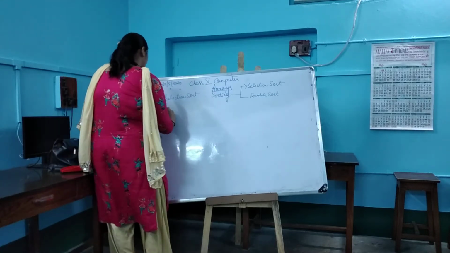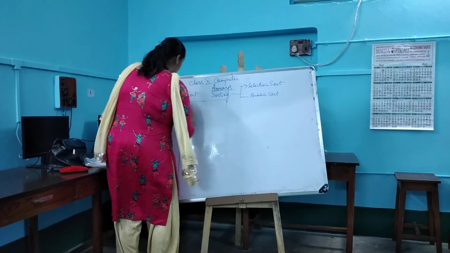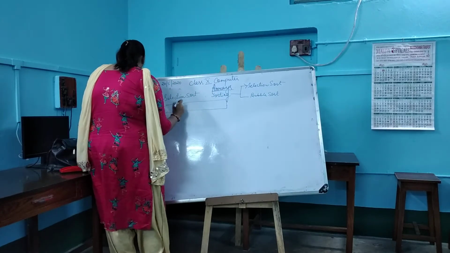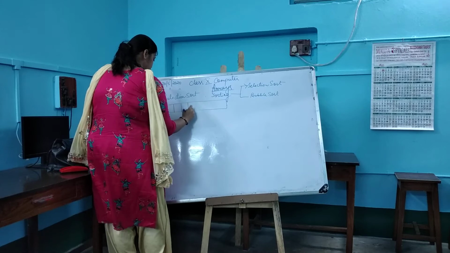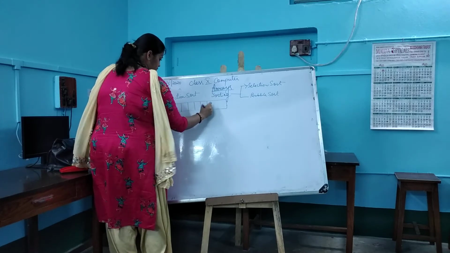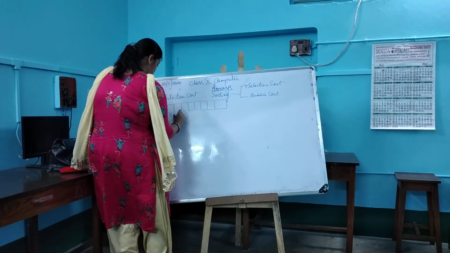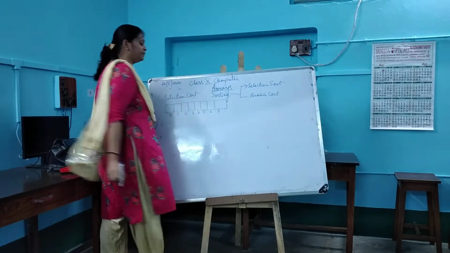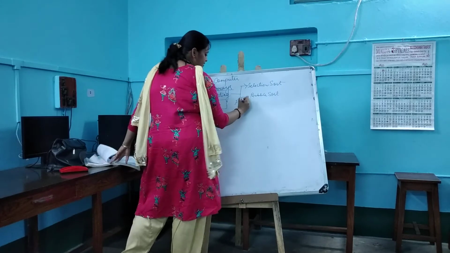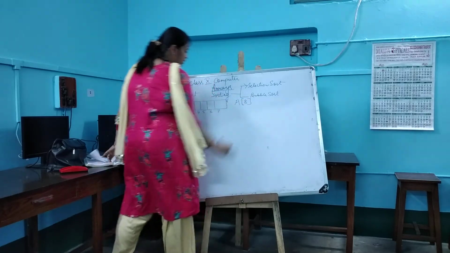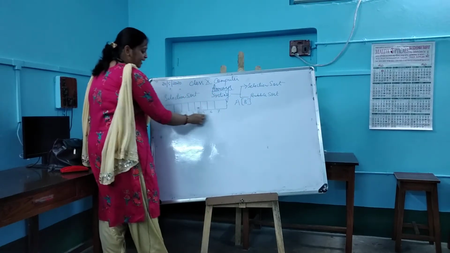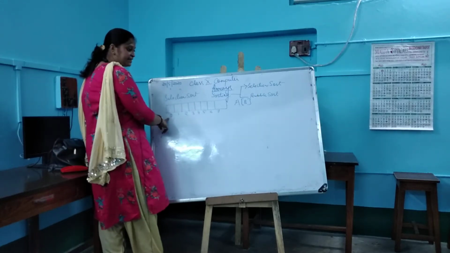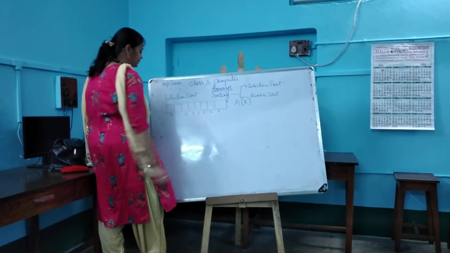Before going to selection sort, I just want to draw the list of elements. Say for example, the number of elements or the size of the array is 8 over here. So naturally we have occupied 8 blocks in the computer space, with indexes starting from 0 till 7.